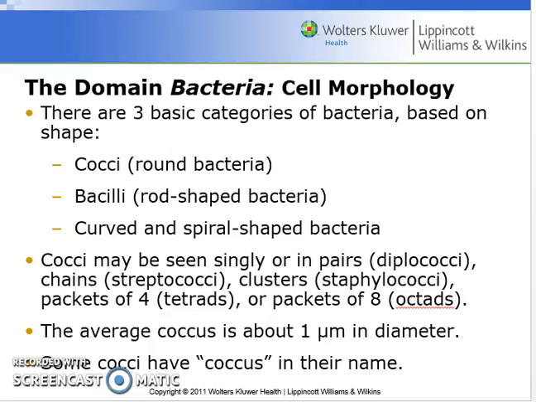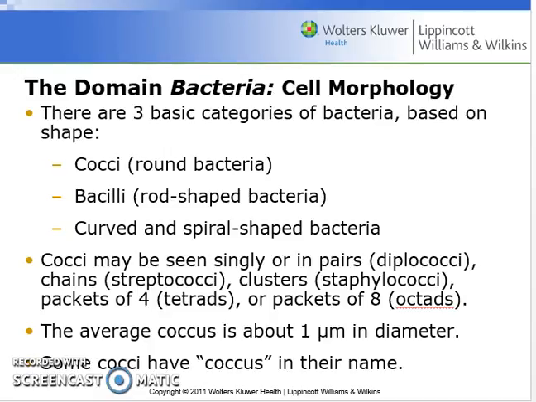There are the cocci shapes, which are round bacteria, the bacilli-shaped bacteria, which are rod-shaped, which means they're rectangular in nature. And then we also have curved bacteria and spiral-shaped bacteria. Curved bacteria are known as Vibrio bacteria. Spiral-shaped bacteria are known as Spirillum bacteria.